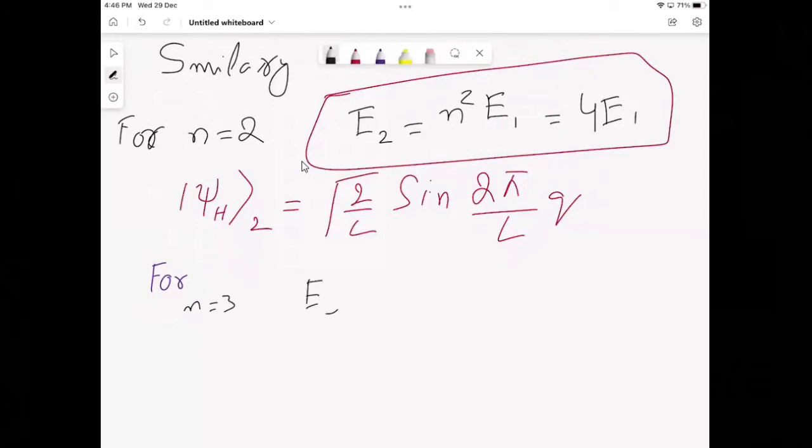E3 will be n square E1, that will be 9 E1.